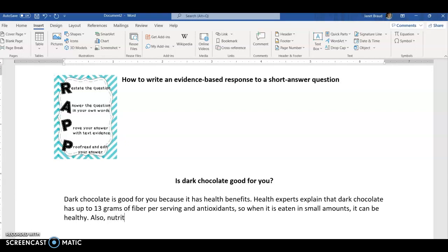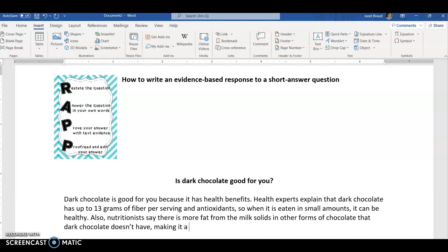Nutritionists say there is more fat from the milk solids in other forms of chocolate that dark chocolate doesn't have, making it a healthier choice.